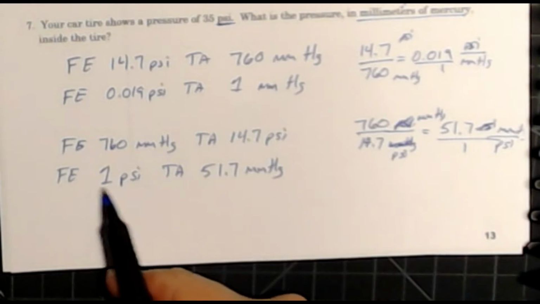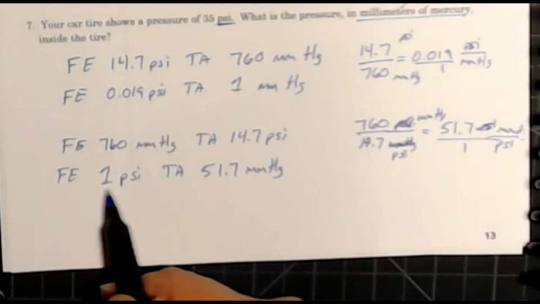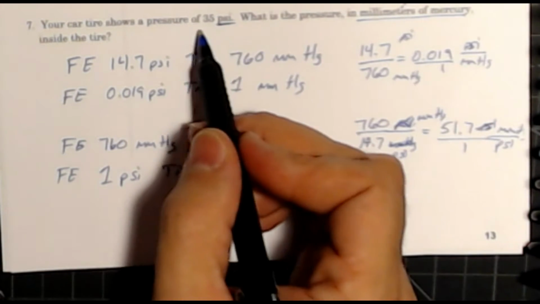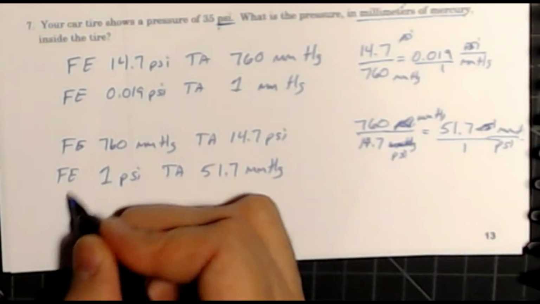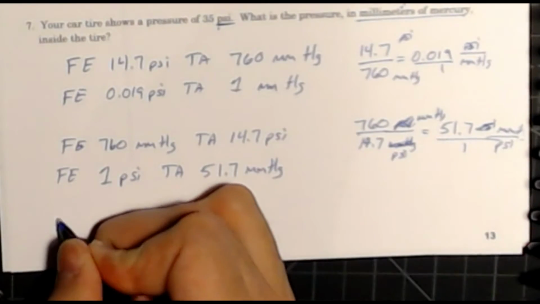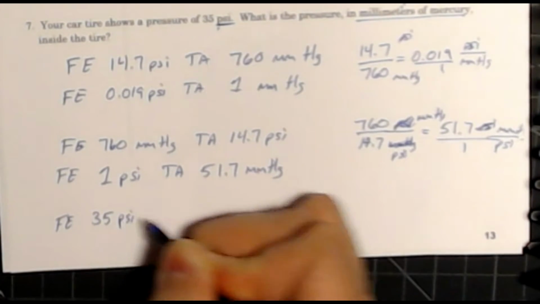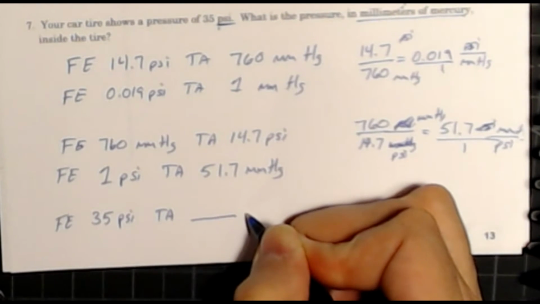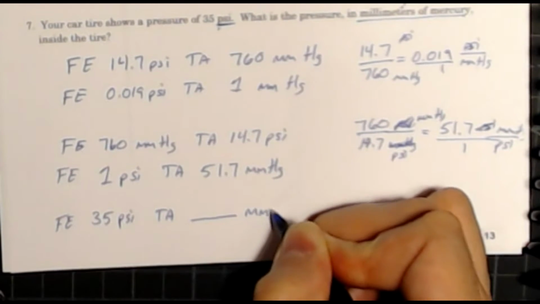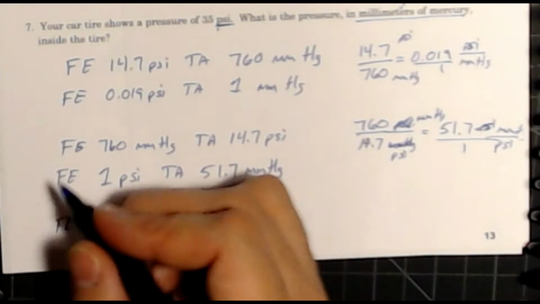So cool, we just wrote ourselves a nice, easy statement that helps us convert this unit to that unit in this case. So let's rewrite our problem. For every 35 psi, there are some number, question mark, millimeters of mercury. So here's our relationship.